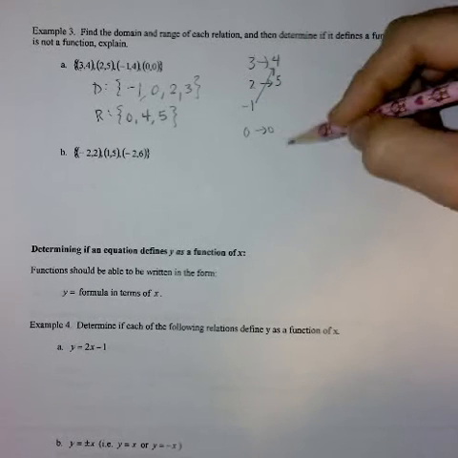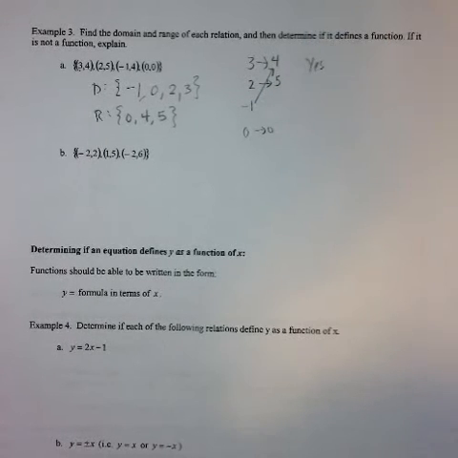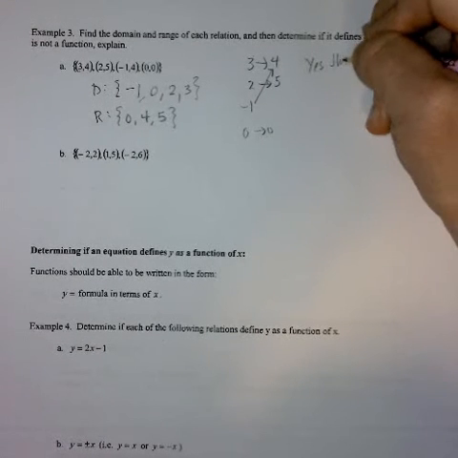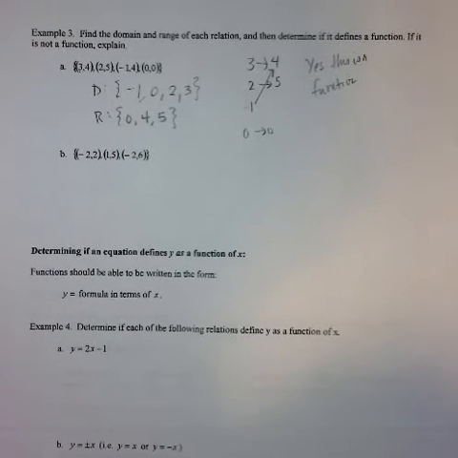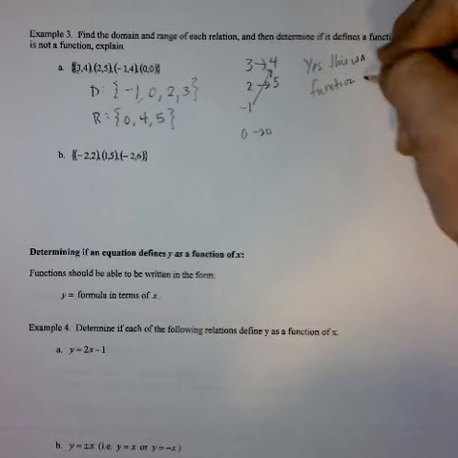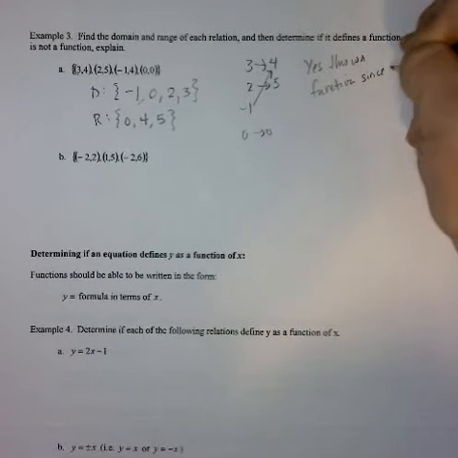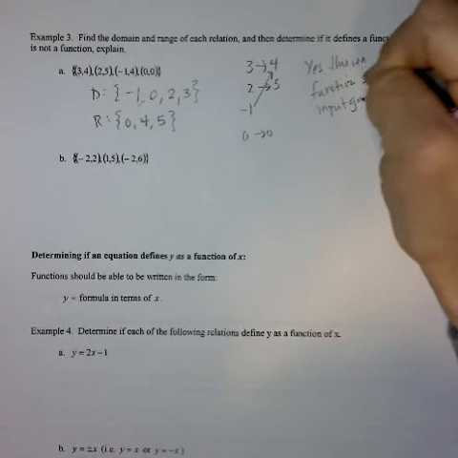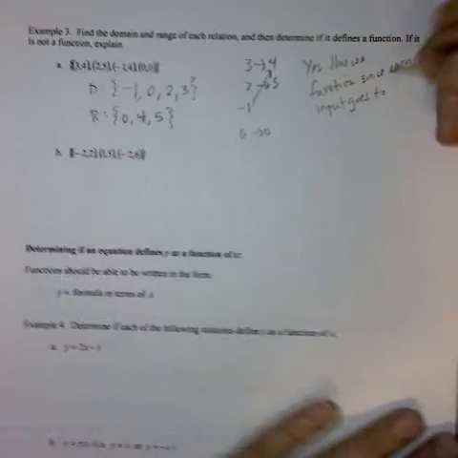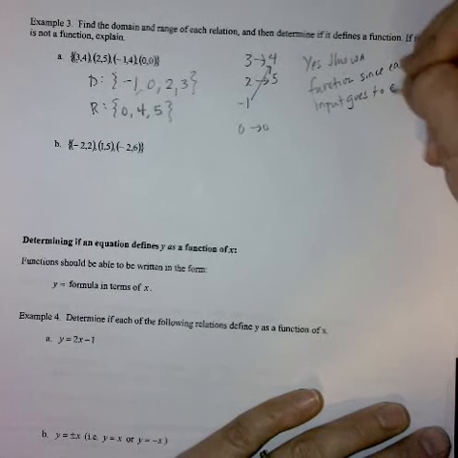And so yes, this is a function. I said if it's not a function, explain, but you should be able to explain if it is a function as well. So this is a function since each input goes to exactly one output.